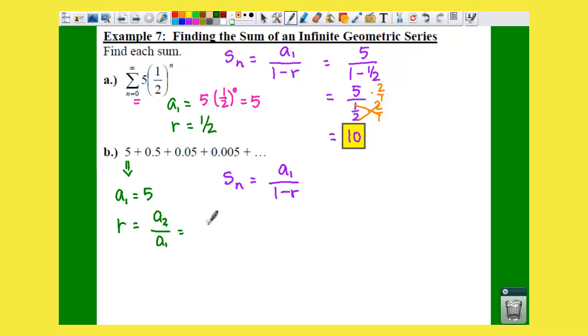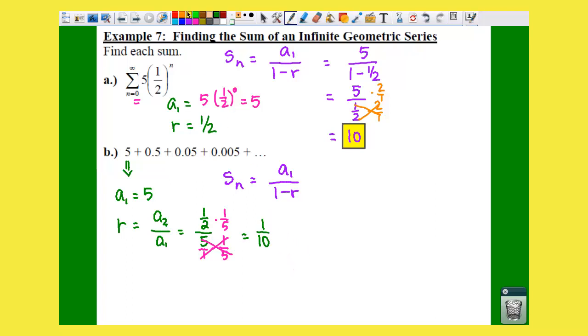So we're going to take 0.5, which is a 1/2, and we're going to divide that by 5. So if you have a 1/2 divided by 5, that's 5 over 1, you multiply by 1/5 to simplify this fraction, and so these cancel. Your ratio ends up being 1/10.